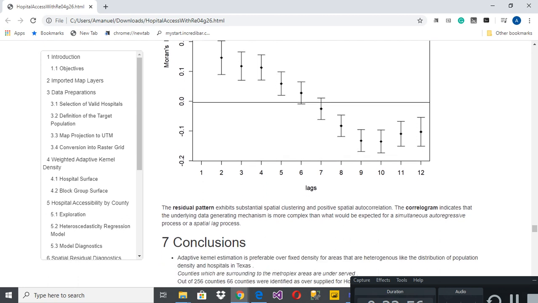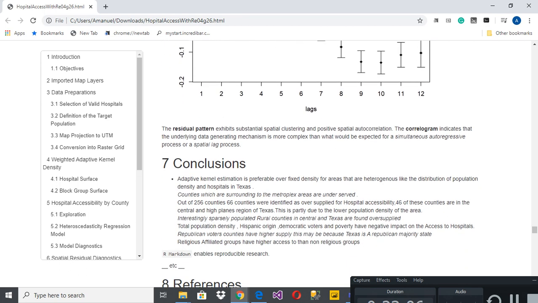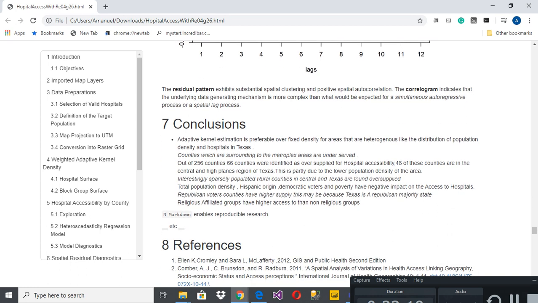So the correlogram indicates that the underlying data generating mechanism is more complex than what we'd expect for simultaneous autoregression models. In conclusion, adaptive kernel estimation is highly recommended and preferable for a heterogeneous population such as Texas, like the distribution of population and hospitals in Texas.